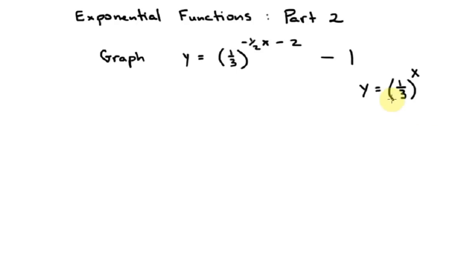I know what this function looked like, and I can easily figure out the old points. How do I figure out the new points? First, I like to rearrange things here. For example, I like to add the 1 over, so I have y plus 1, and then I have my base.